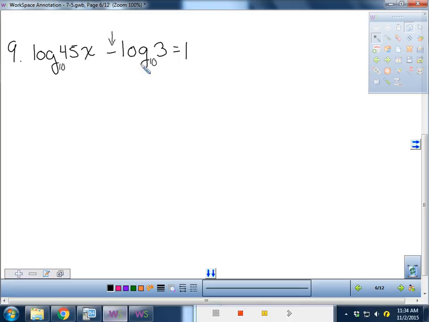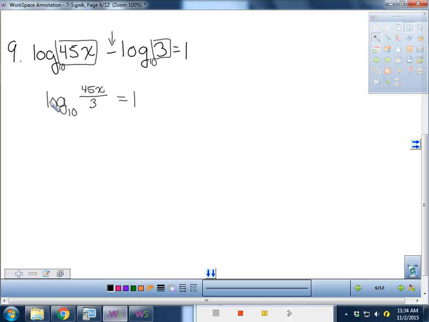Therefore, you can write this as 1 log, so a log base 10. And when you're subtracting, you take these 2 numbers and you divide them. So you have 45x divided by 3, and that's equal to 1.